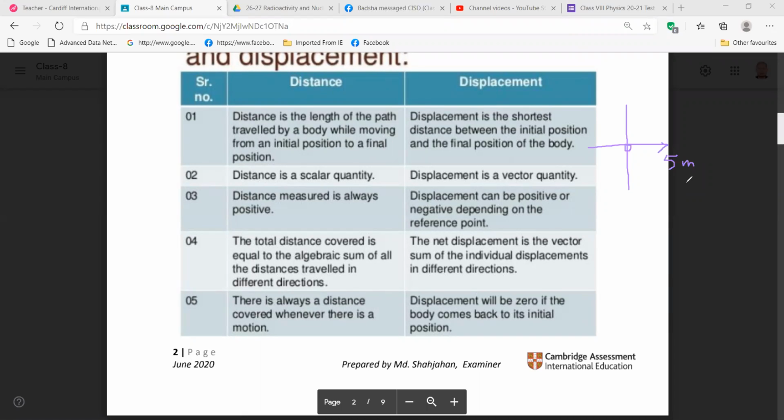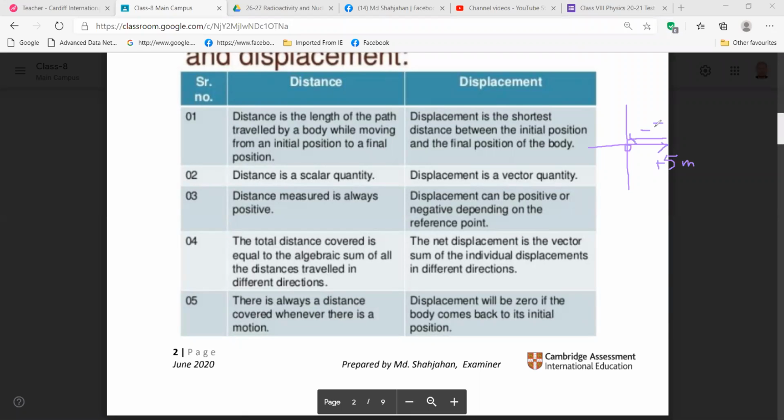Sir, can you please repeat again? Yes, I am repeating. Look, you are going right side, you are getting positive values, right? When you are returning back from this place in the opposite direction, you are getting minus 5 meters. 5 minus 5 is 0.